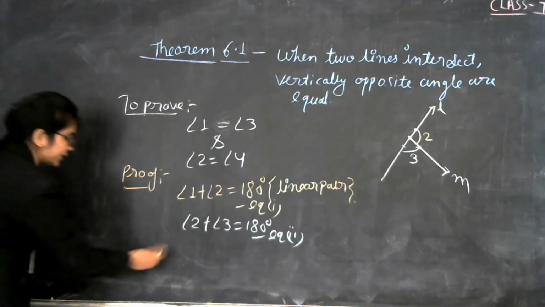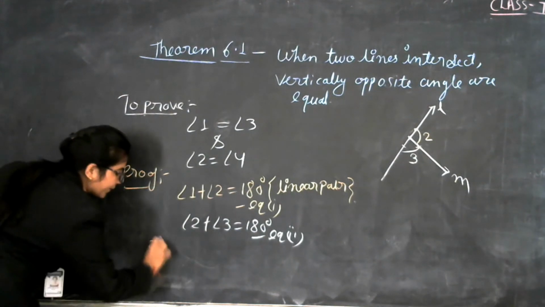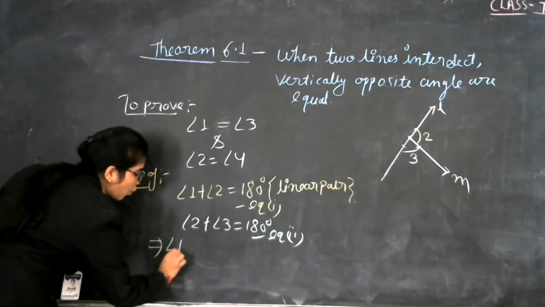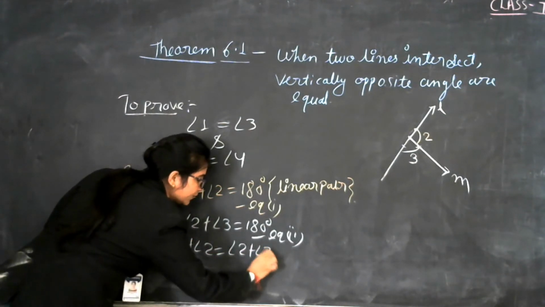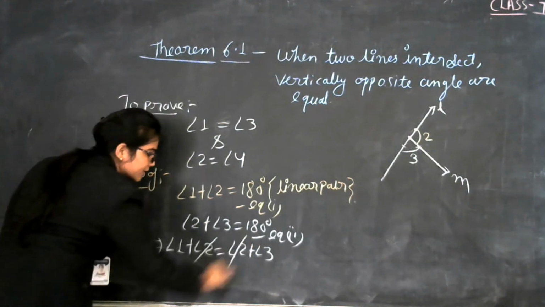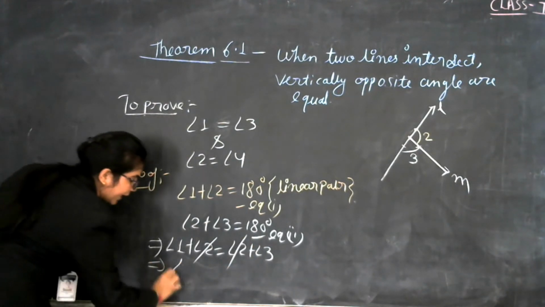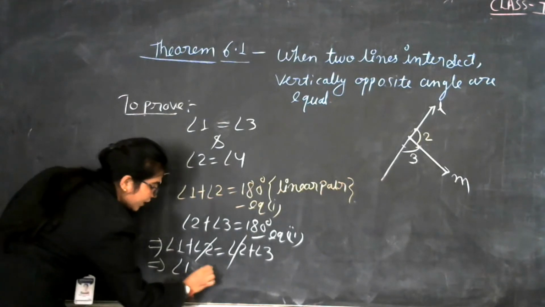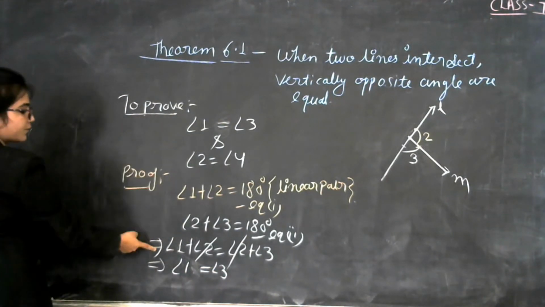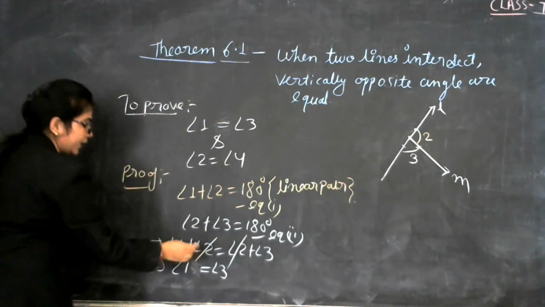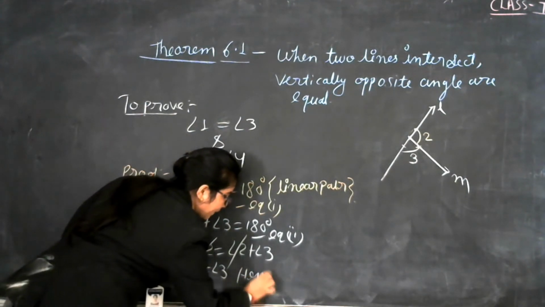So angle 1 plus angle 2 is equal to angle 2 plus angle 3. Then cancel out angle 2. So we get angle 1 is equal to angle 3. Now the first is proved. Angle 1 is equal to angle 3. Hence proved.